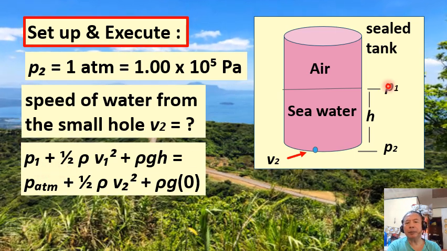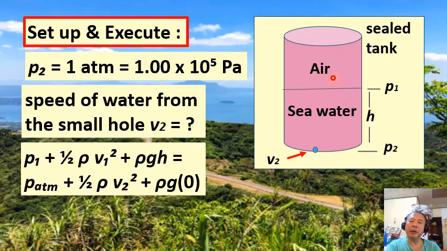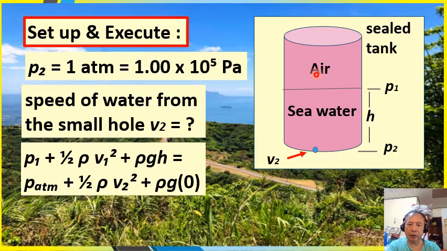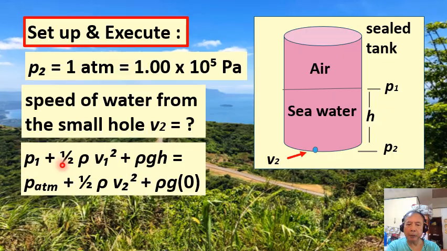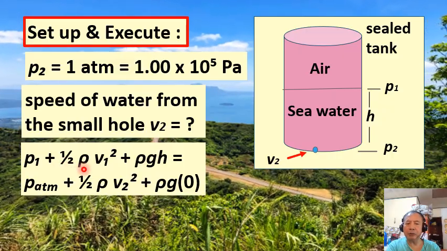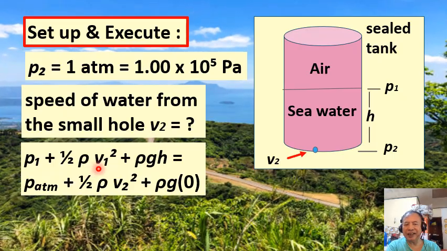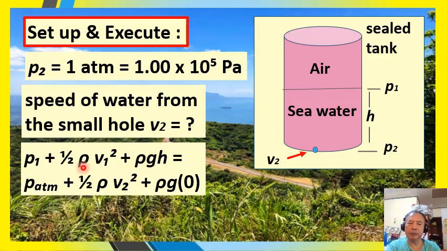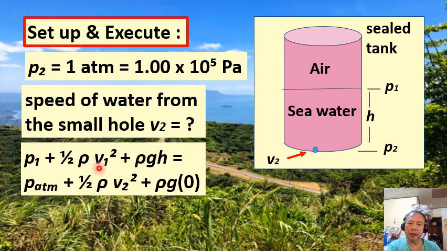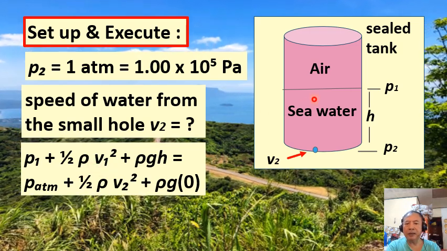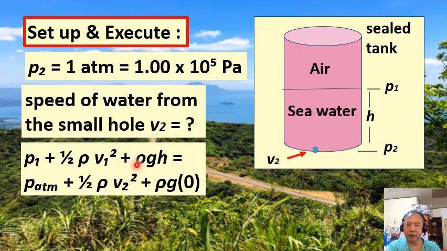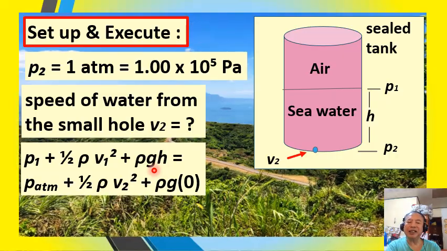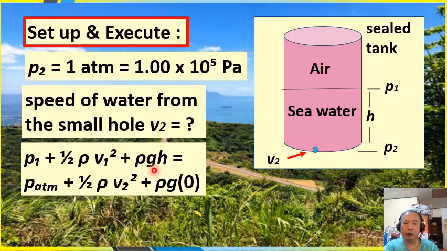P1 is the pressure exerted by the air on top of the seawater, that is the gauge pressure of the air inside the tank, plus the pressure of the seawater that is associated to the kinetic energy per unit volume at the surface of the seawater, one half the density of seawater, rho, multiplied by the square of the speed of the seawater at the surface, plus the pressure associated to the gravitational potential energy per unit volume.